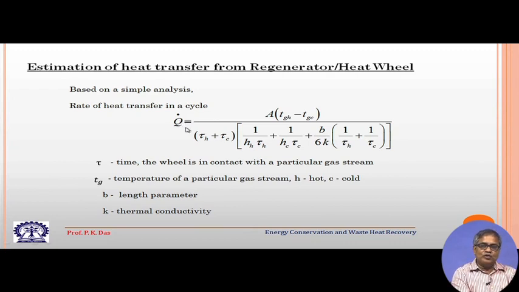Obviously, there are two streams, and in steady state operation the two streams are coming with constant temperature, and these two temperatures are very important. The area of heat transfer is also very important. So, we have got the area, then these two temperatures, the hot gas temperature and cold gas temperature, the temperature difference, that is important.